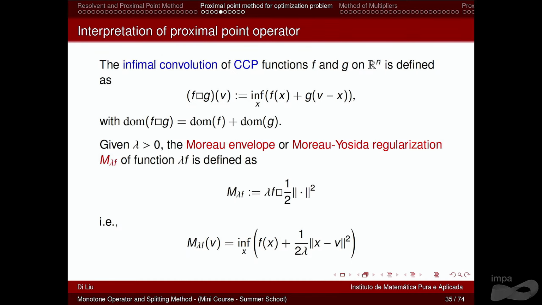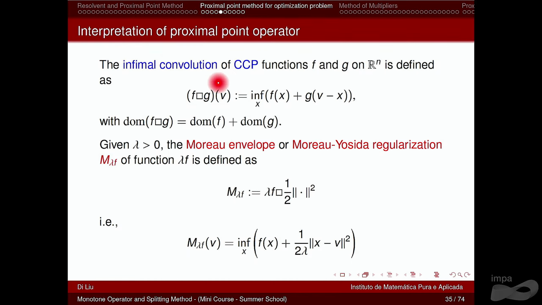If we define the infimal convolution of CCP functions f and g, it equals this notation, f square g of v, the infimum of this. And then with this infimal convolution, we can define the Moreau envelope, or the Moreau-Yosida regularization.